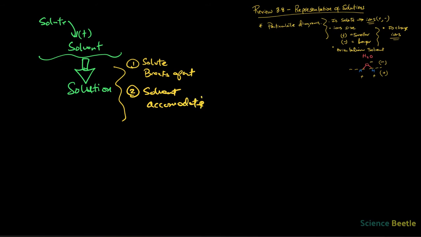So we'll call that solvent accommodation. And let me go ahead and erase this a little bit, clean it up a little bit there. So you got solvent accommodation. And then the last step of all of this is the solute is going to have an interaction with the solvent, or maybe not. And so we'll leave this here as interactions.